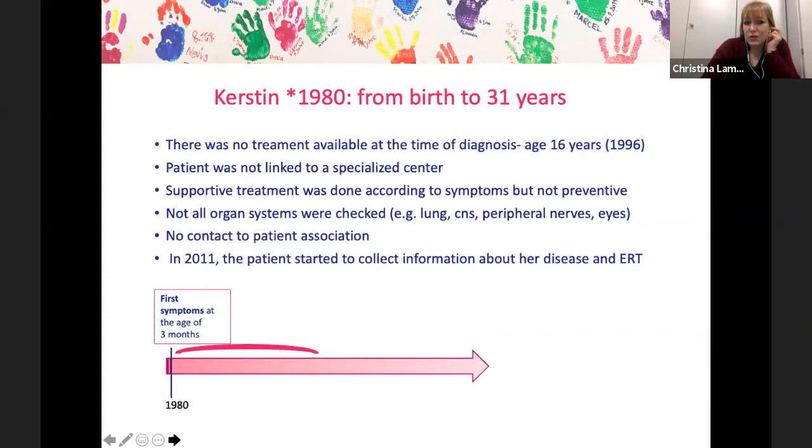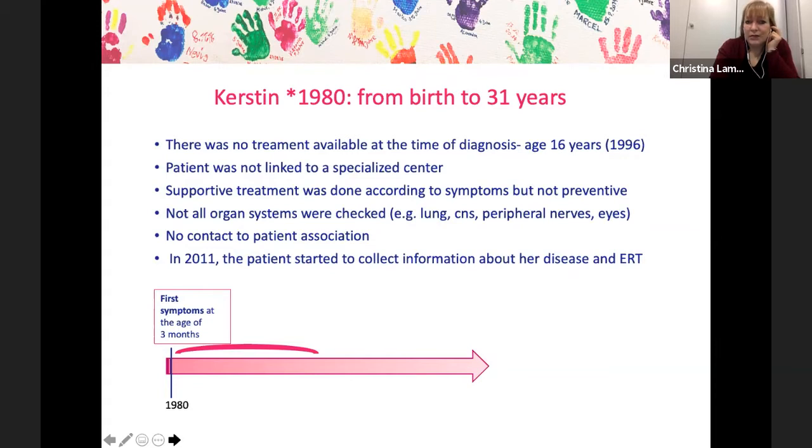She received only supportive treatment, but not preventive. So she had no regular follow-ups to be diagnosed in a proper way. She had no contact to patient organizations, and also the life-threatening and quality of life reducing disease complications that were progressive were not checked properly.